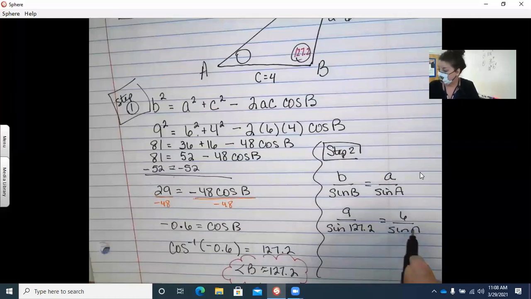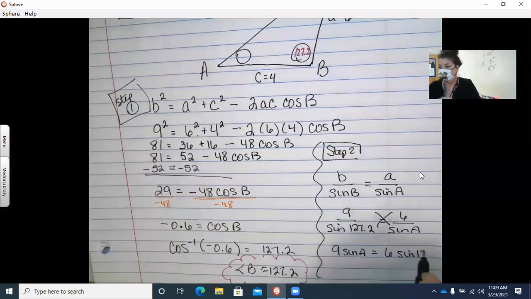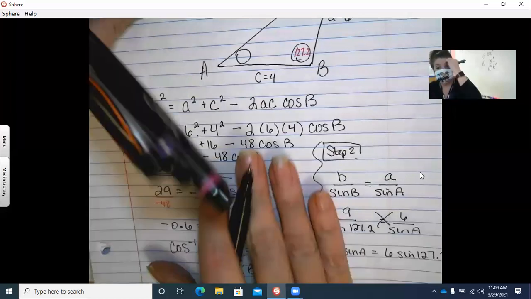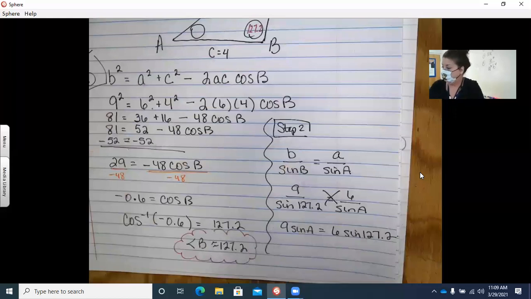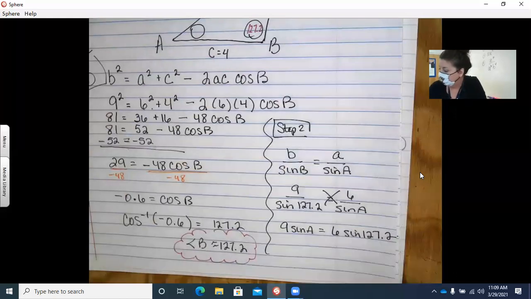I'm going to find the cross product. 9 times sine of A equals 6 times the sine of 127.2. Then what? Divide by 9.